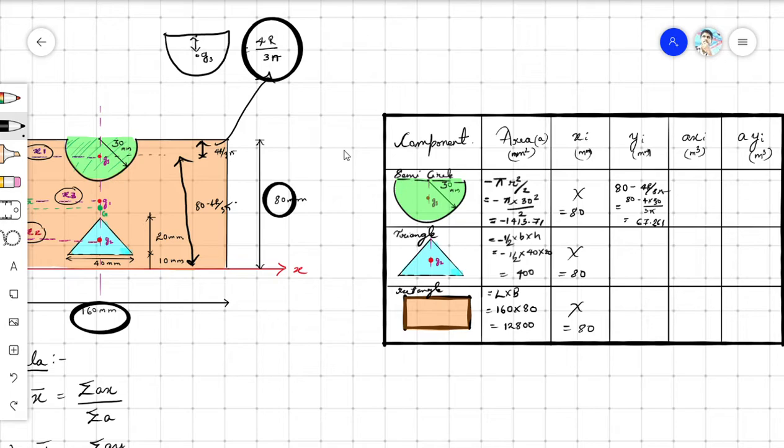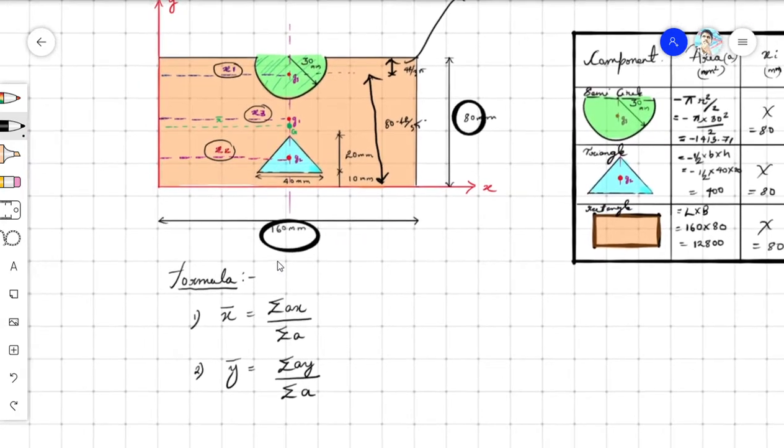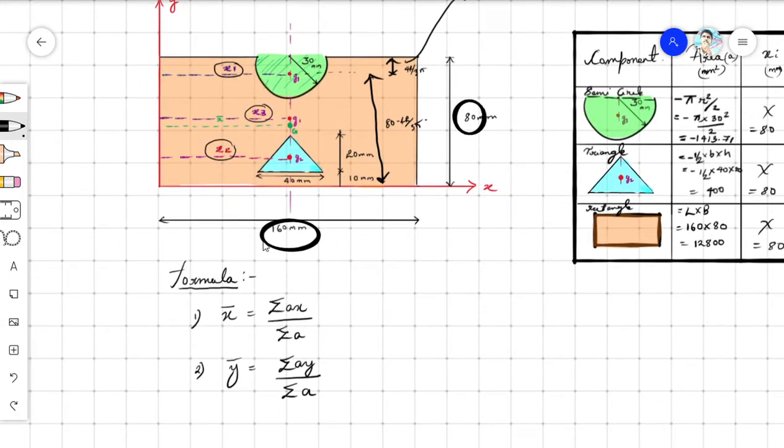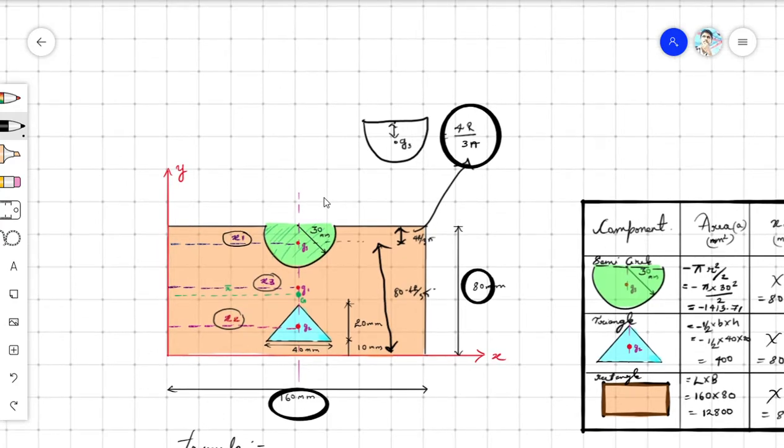And the last value, for a triangle, I hope you know already, I'll draw it again somewhere over here at the top. For a plane figure we are talking about the centroid. If this is the height, then the distance from the base is h by 3.